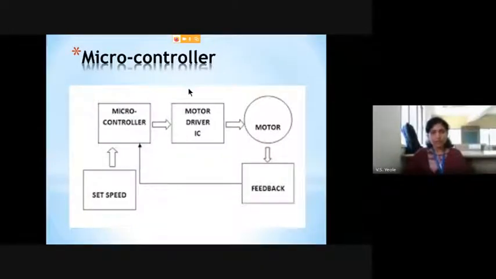Now in this block diagram you can see that the microcontroller is used for controlling the movement of the motor. Here we can see that the feedback control system is present. That means the servo motor is connected with the microcontroller, and this total system will control the operation of the motor.